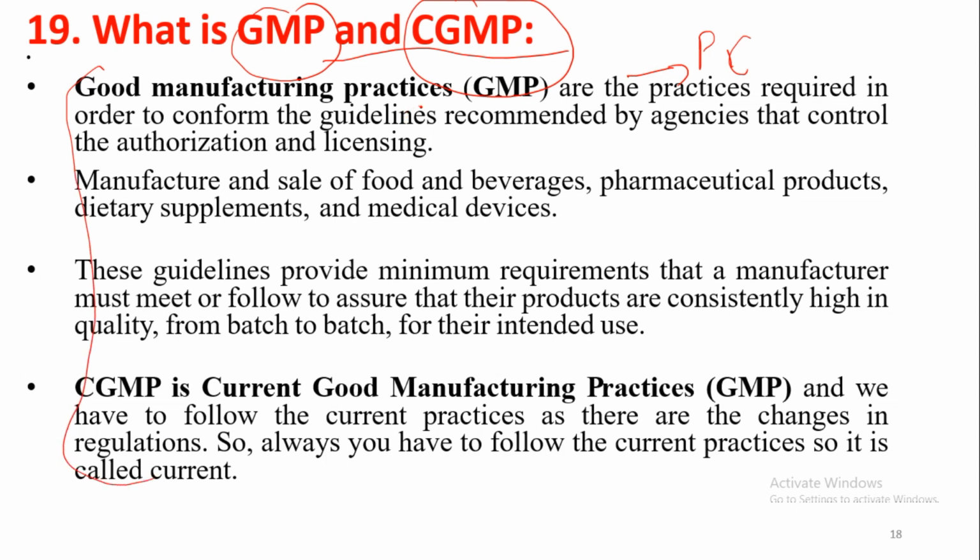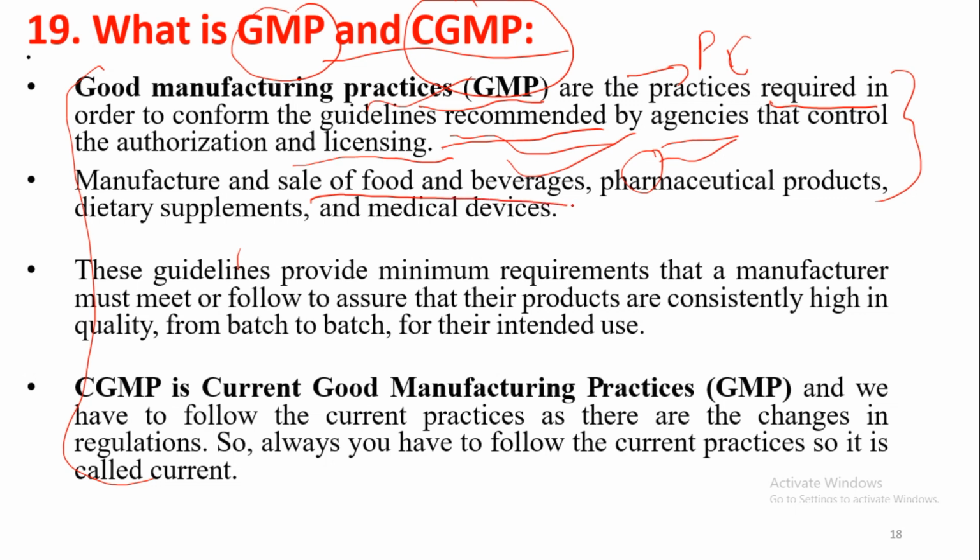So see, good manufacturing practices (GMP) are the practices required in order to conform to the guidelines recommended by agencies that control the authorization and licensing. Means this is the practice, good as the name says, good manufacturing practices, that all the guidelines which are recommended by agencies, you are obeying all the guidelines. Means you are following the good manufacturing practices for your manufacturing processes.